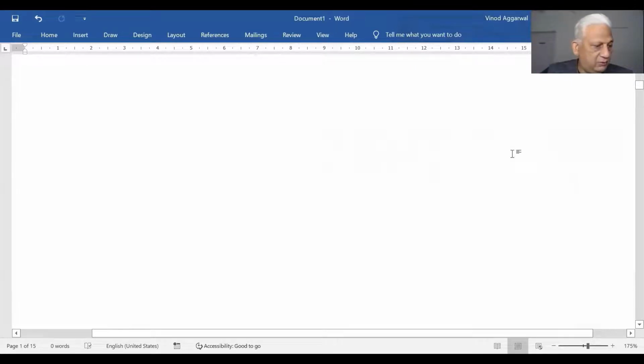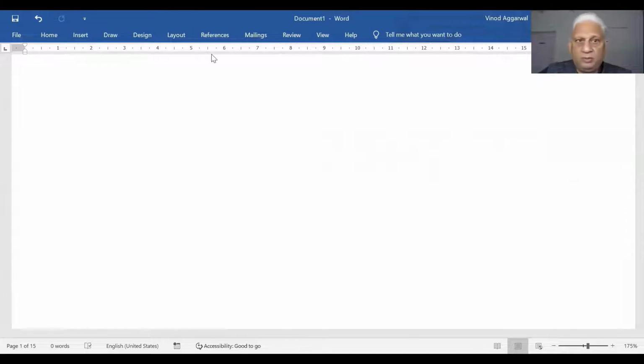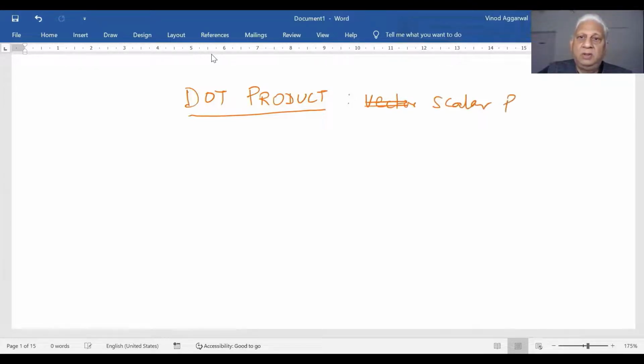Now we talk about the dot product. Dot product is also called scalar product.